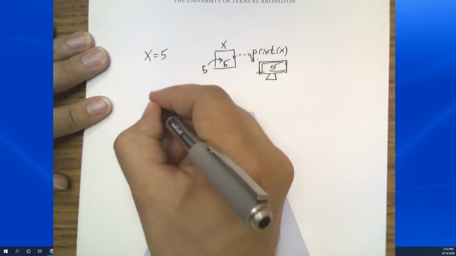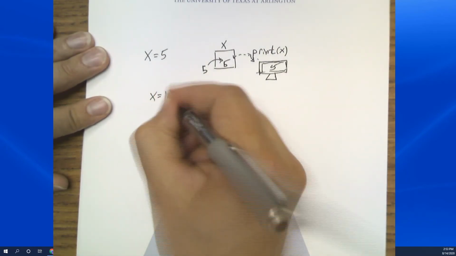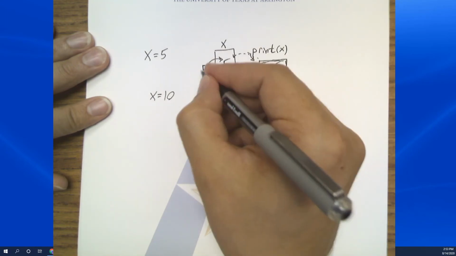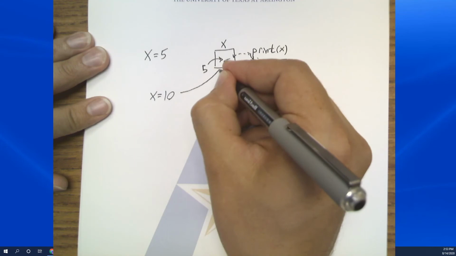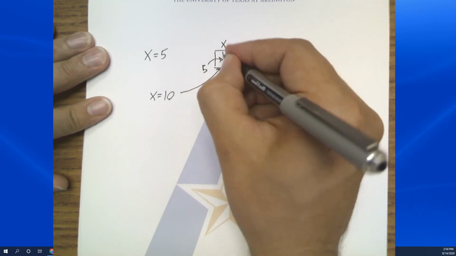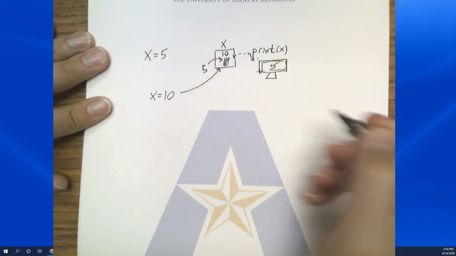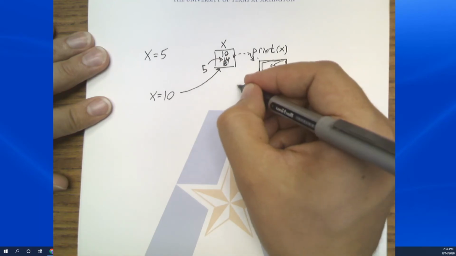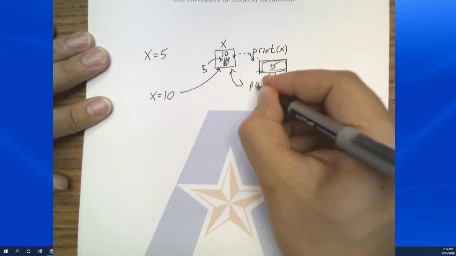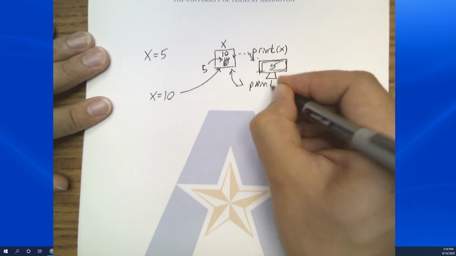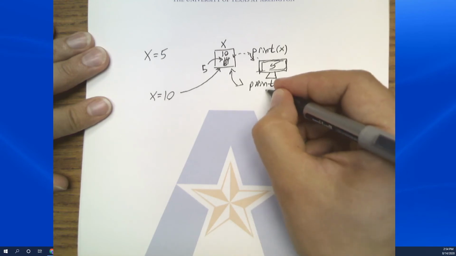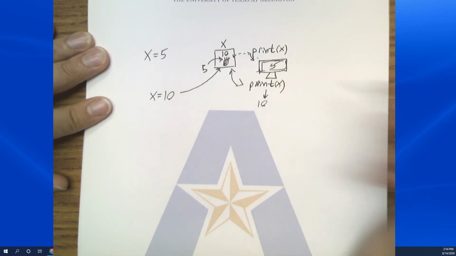Later, when you say now x is equal to 10, the box is already there, but you're overriding the 5 that was there, and you're putting in the 10. So now when you ask again to print x, of course, you're going to see a 10 instead of the 5.